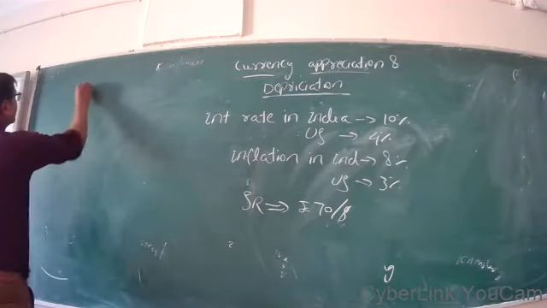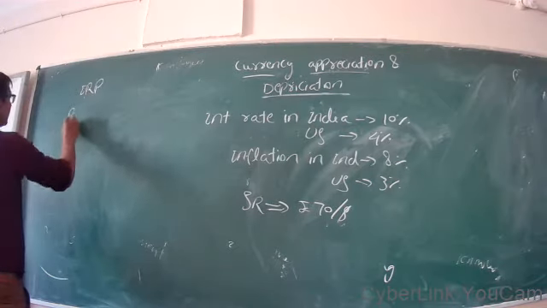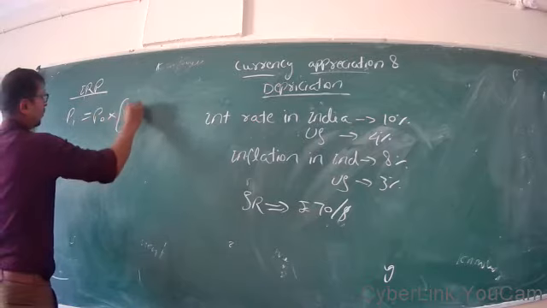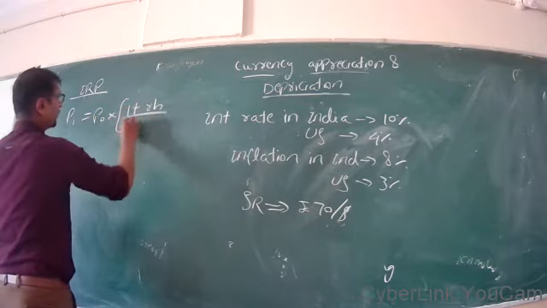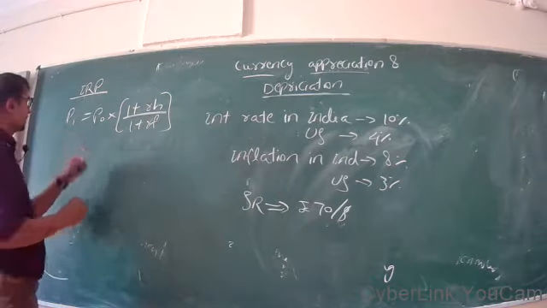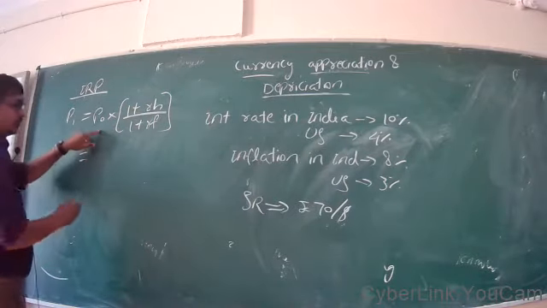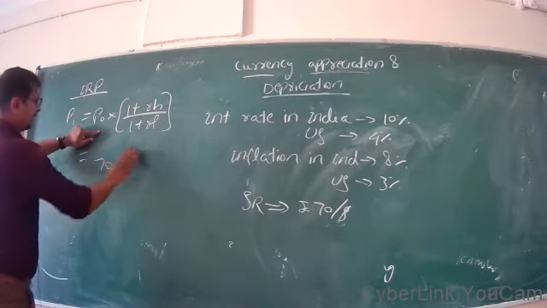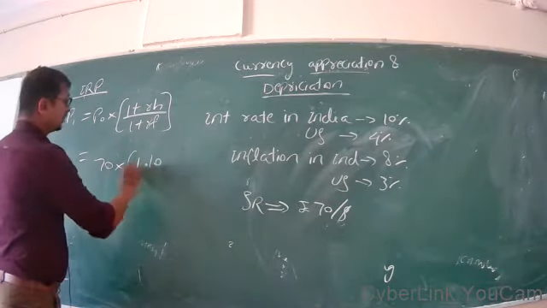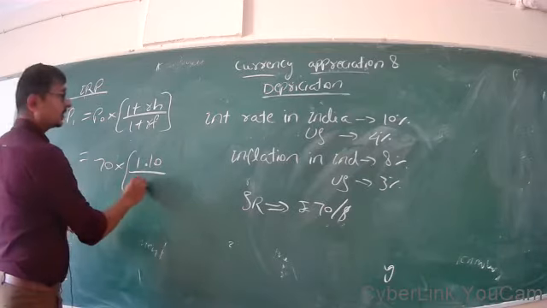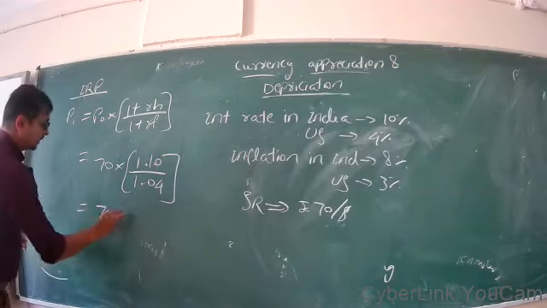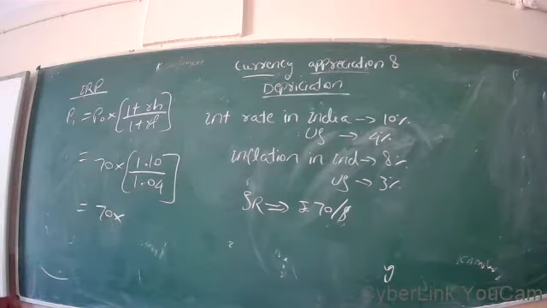If you consider IRP theory, P1 equals P0 multiplied by 1 plus the rate of interest in the home country, divided by 1 plus the rate of interest in the foreign country. The spot rate P0 is 70, multiplied by 1 plus the interest rate in India, 10%, divided by 1 plus the interest rate in the US, 4%.